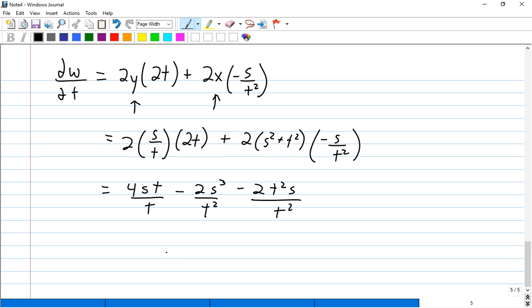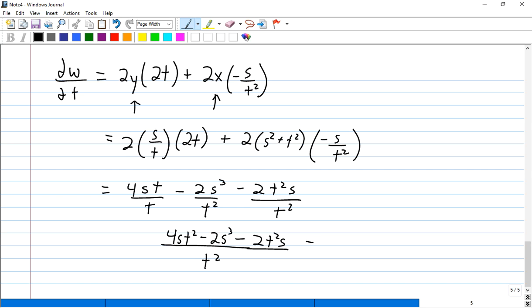So if they all three had a denominator of t squared, what would this first term become? If you say t squared divided by t, that leaves you with t, so you'd have to multiply the numerator by t, so that would be 4st squared, then minus 2s cubed, minus 2st squared s.